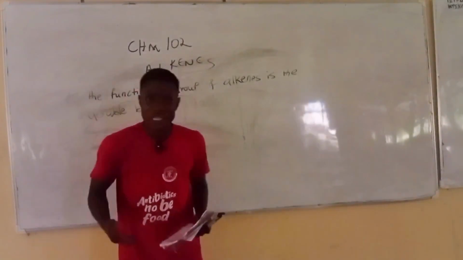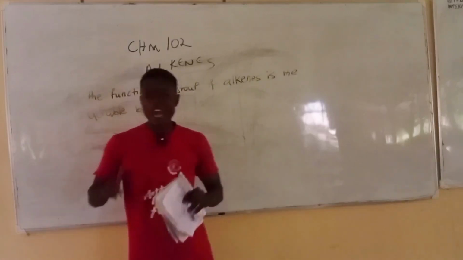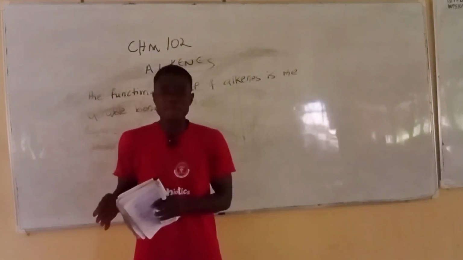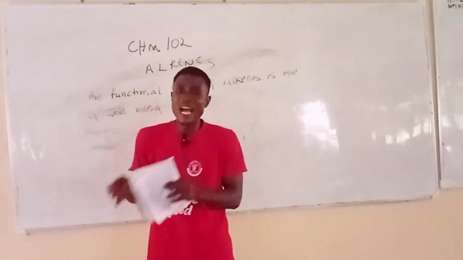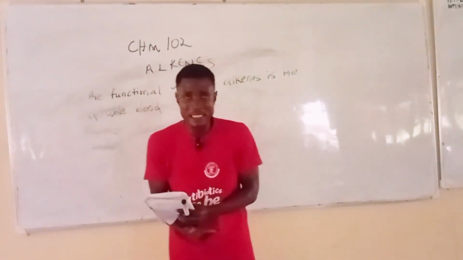This simply means that, remember, we have the alkanes, we have the alkenes, and we have the alkynes. If the alkenes are moderately reactive, this simply means that the alkenes are more reactive than the alkanes, but less reactive than the alkynes.